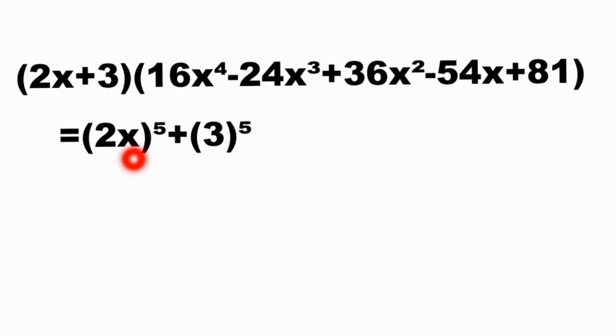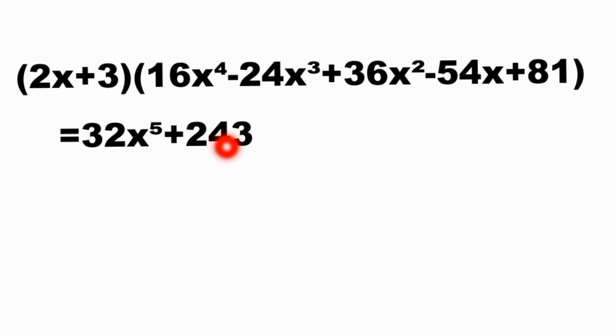So 2 to the power of 5 is 32, and 3 to the power of 5 is 243. So the final answer is 32x to the fifth plus 243.